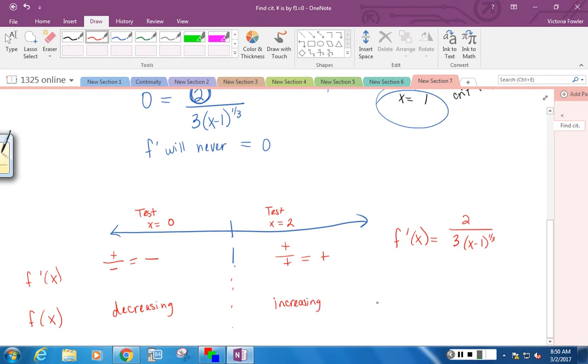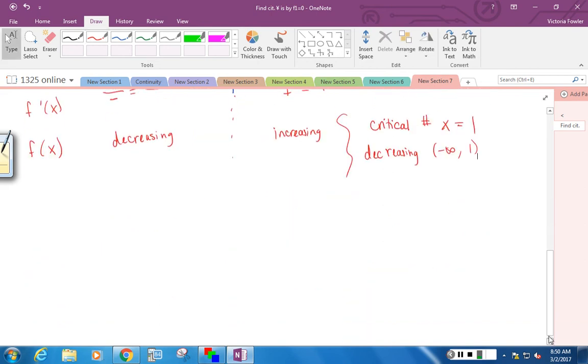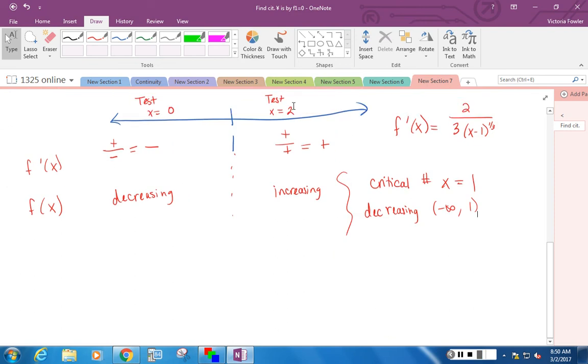And so to answer this, my critical number is x is equal to 1. Where is my function decreasing? It looks like my function f is decreasing anywhere from negative infinity to positive 1. And then we would be increasing, as we showed here, from 1 to infinity.